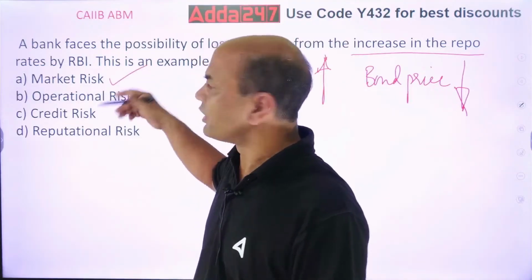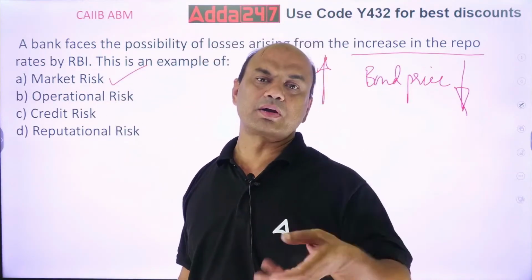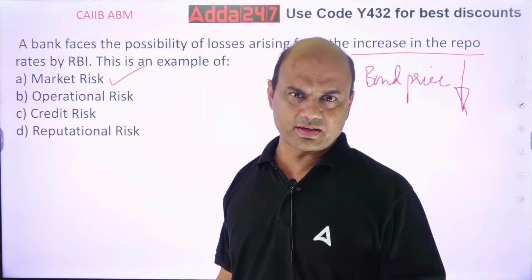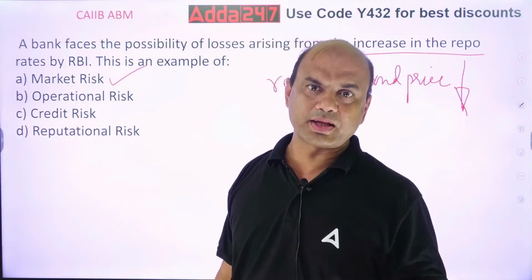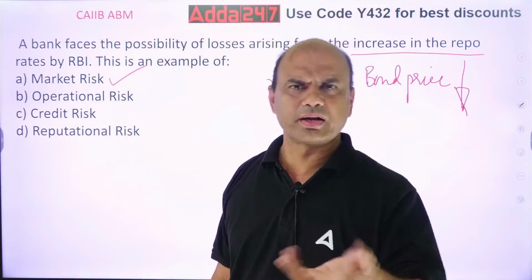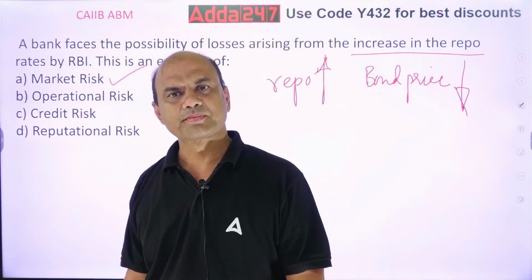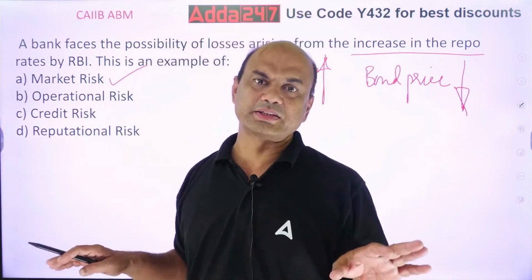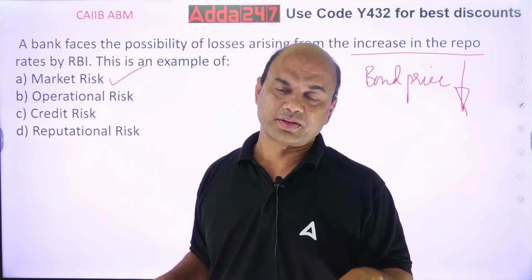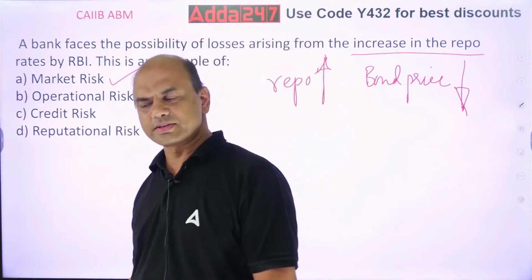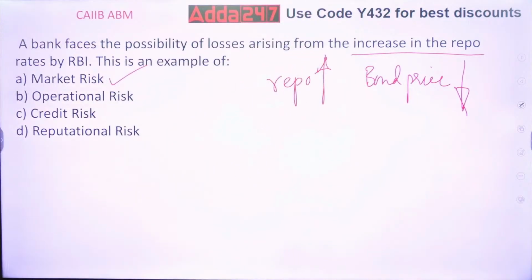Market, because it's not in your hands. RBI should increase the repo rate or not, is your bank concerned in that? Does RBI ask your bank, should I increase the repo rate? It will not ask. So whatever is not in your hands, but it affects you, is basically known as market risk. So the answer is market risk.